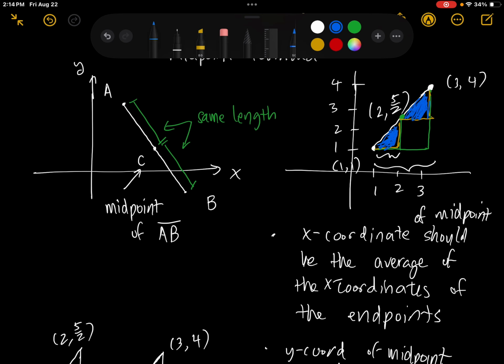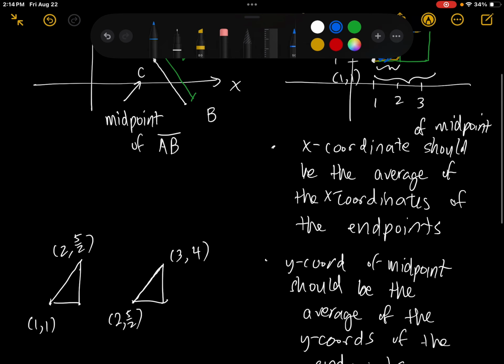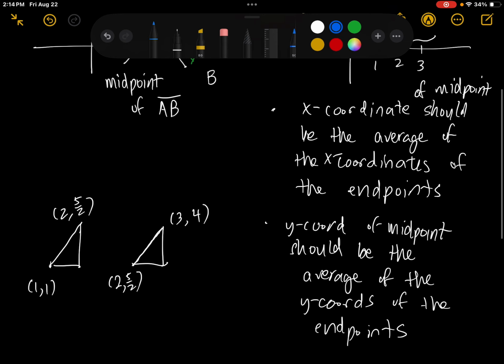Let's check that 2, 5 over 2 really is the midpoint. Well, on the left triangle, the change in x is 1, and the change in y is 5 over 2 minus 1.